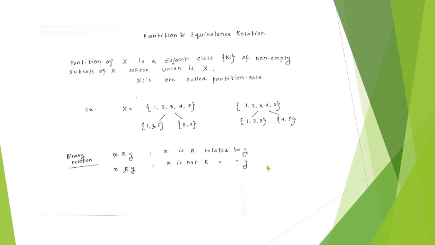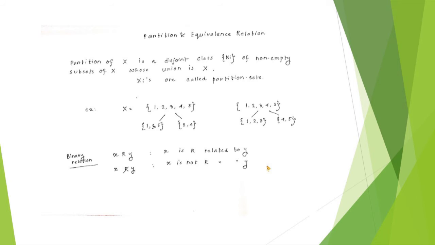So I am again repeating, by partition of a set capital X, we mean some non-empty subsets Xi, that is, a class of non-empty sets, they are also disjoint, and their union is the full set X itself. These Xi's are called the partition sets. So they are creating these partitions.